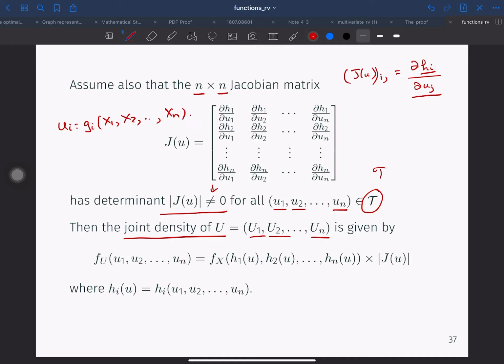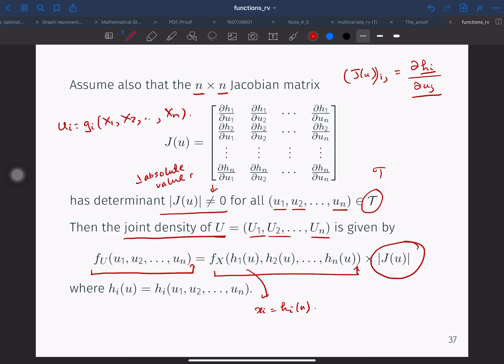The joint density of u is given by the PDF of x evaluated at the inverse function, so xi is hi of u, multiplied by the absolute value of the determinant of the Jacobian matrix. It's not just the determinant, it's the absolute value of the determinant. This result is known as the change of variable result in multivariable calculus.